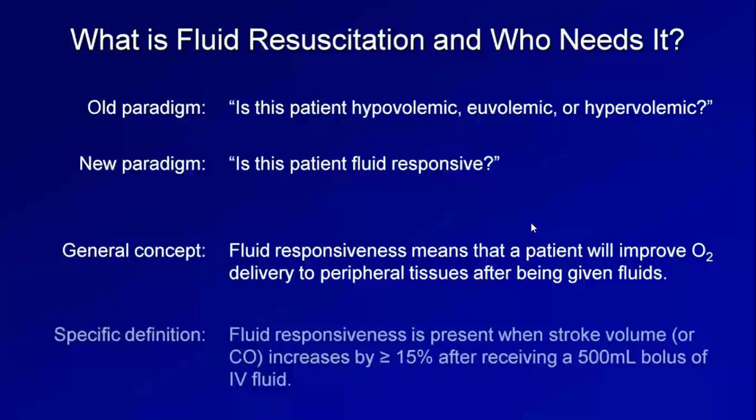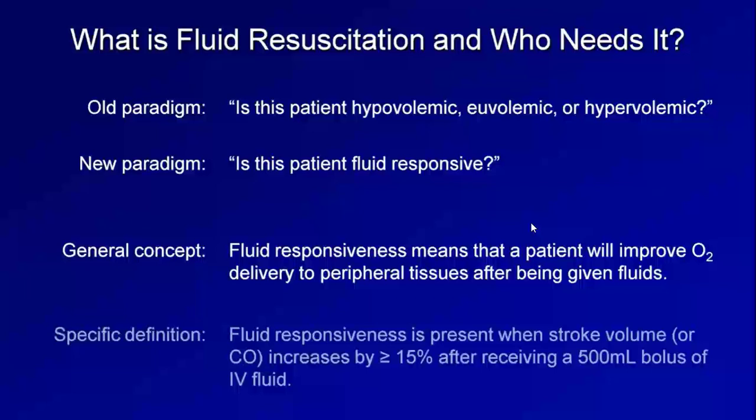So we now have the old paradigm and the new paradigm. The old paradigm asks whether the patient is hypovolemic, euvolemic, or hypervolemic. If the patient is hypovolemic, I'm justified to prescribe IV fluids. The new paradigm asks whether the patient is fluid responsive or not.